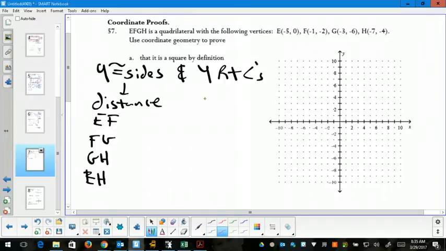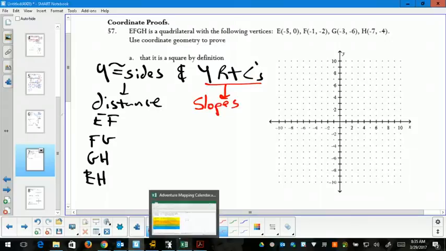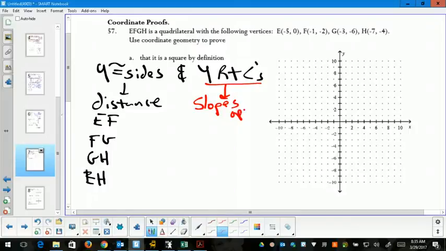If I'm going to prove that there are 4 right angles, what would I calculate? To be right angles, the lines have to have slopes. Do you want them to be the same to show right angles? What do you want them to be? Opposite reciprocals.